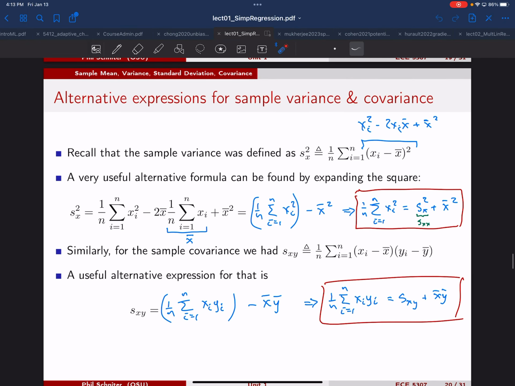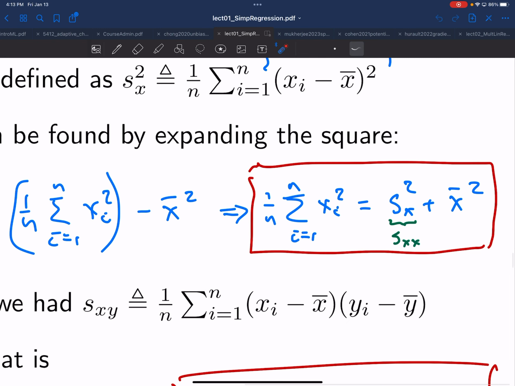And then in preparation for some of the derivations that we're going to do today, as well as throughout the semester, we derived some useful relationships here. If you have some quantities xi, and you're looking at the average squared value of xi, that turns out to be the sample variance plus the squared sample mean.